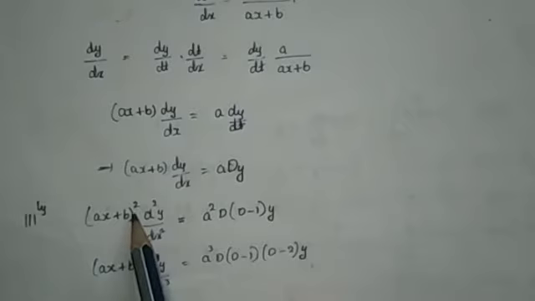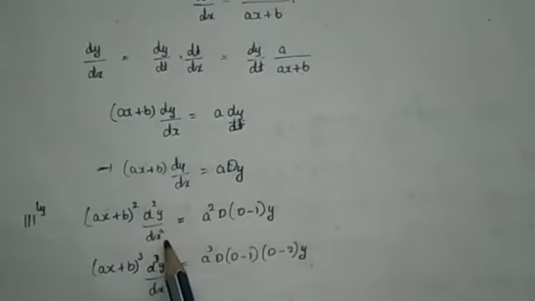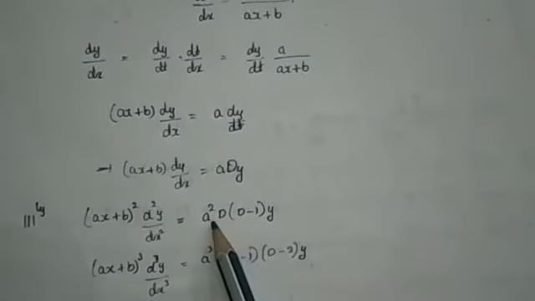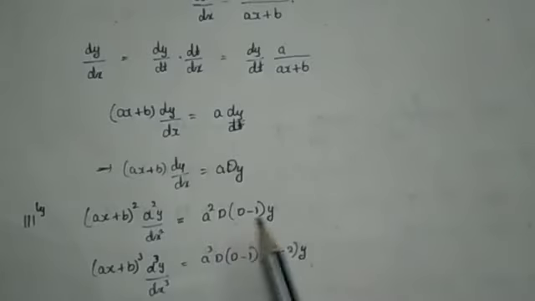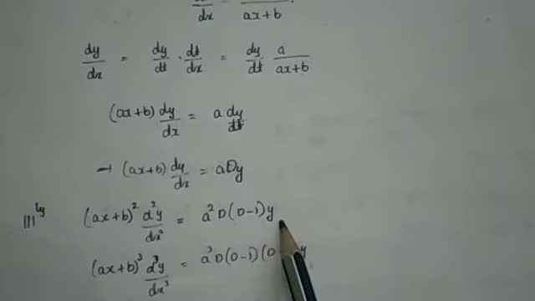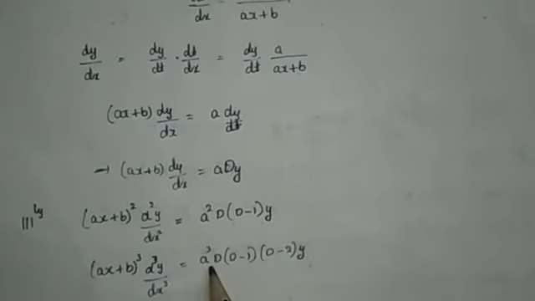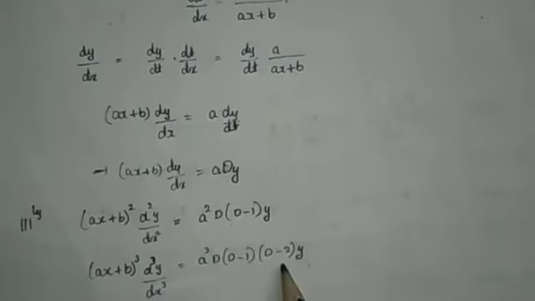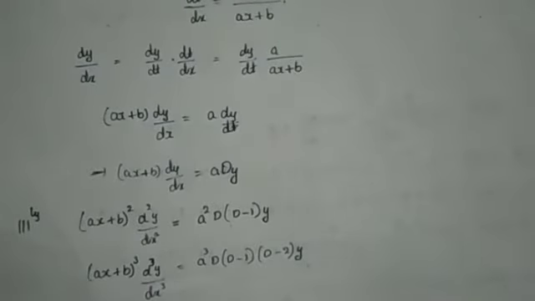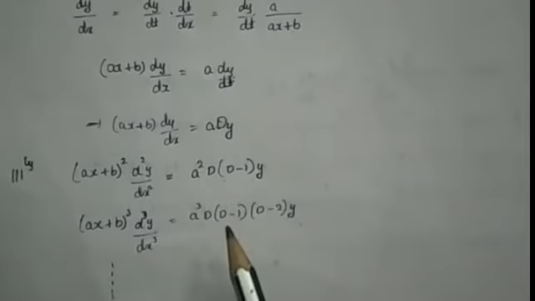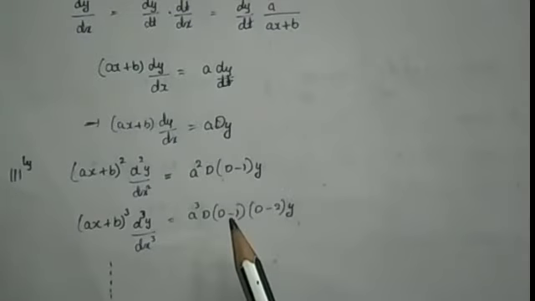Similarly, (ax+b)^2 d^2y/dx^2 can be written as a^2 D(D-1)y, and (ax+b)^3 d^3y/dx^3 can be written as a^3 D(D-1)(D-2)y. In the same way, we can substitute for higher order terms.